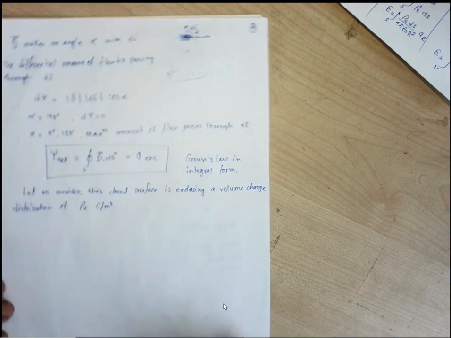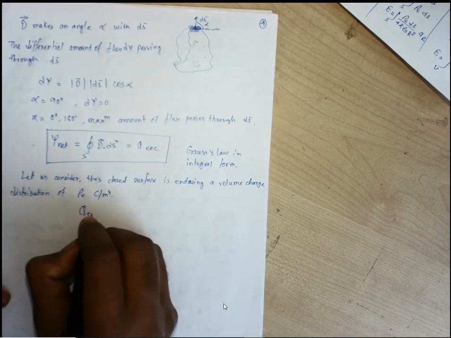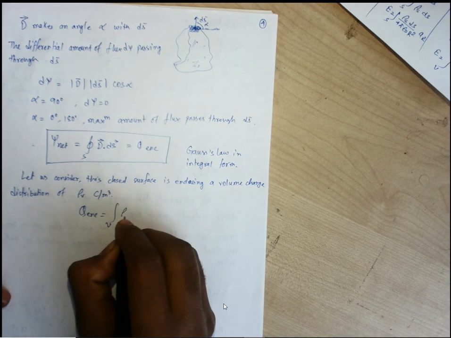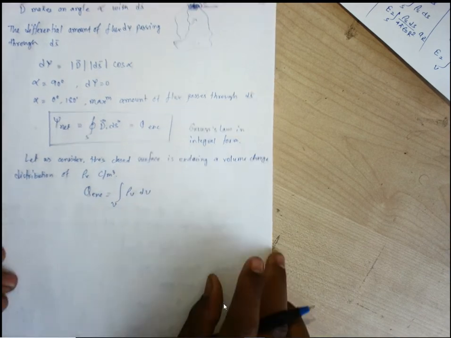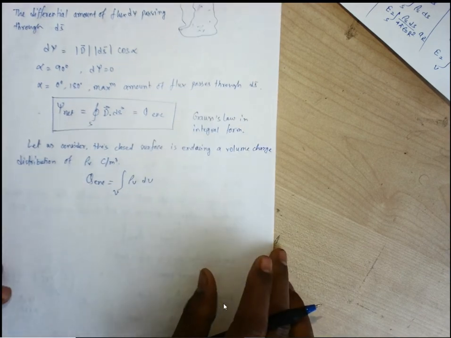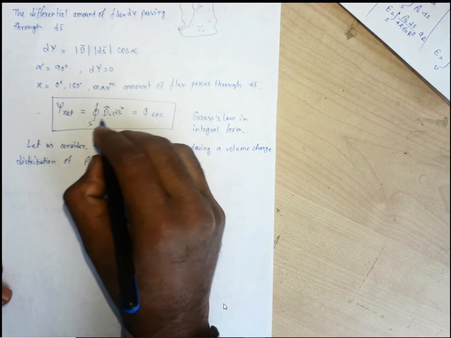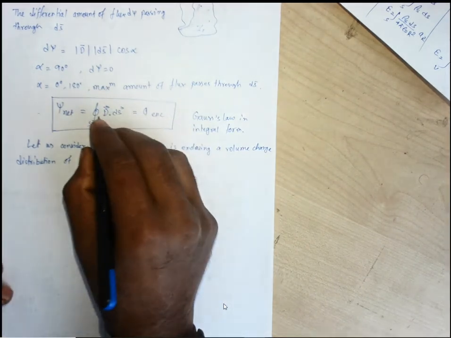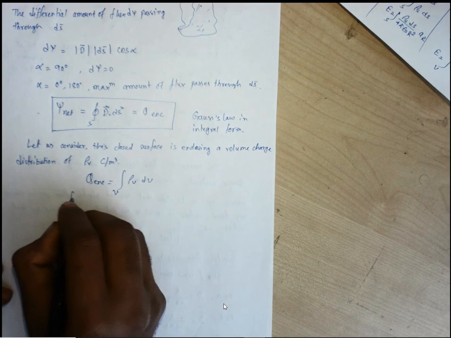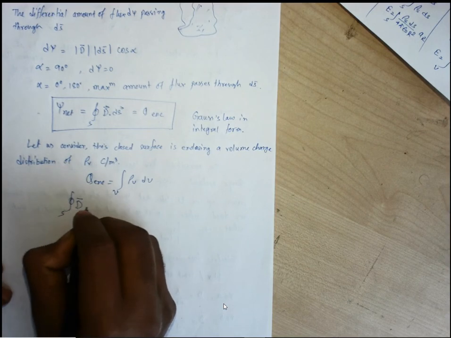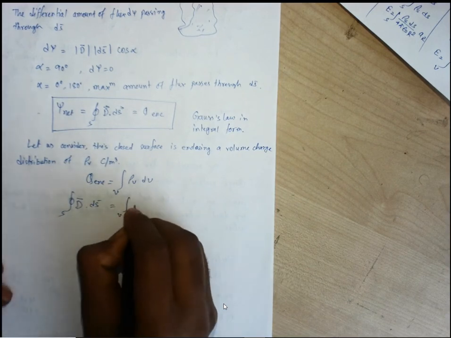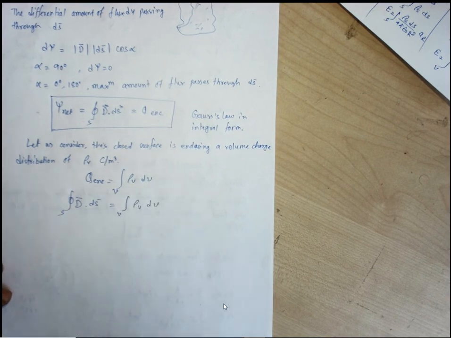That is, we are supposed to have Q enclosed as the volume integration of rho v dv, right? So this Q enclosed is a surface integral, right? So this Q can be replaced by this expression, that is, closed surface integral D dot dS is equal to the integral of rho v dv.